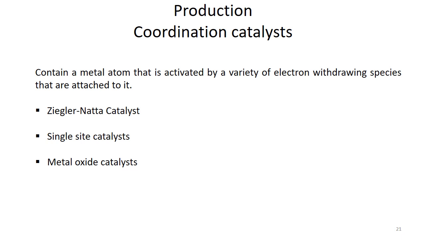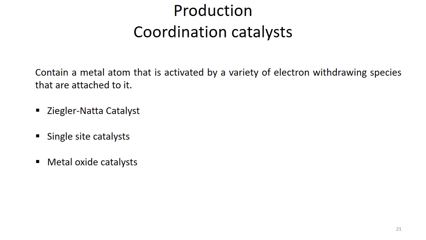There is another way by which we can make polyethylenes. Basically these are coordination catalysts. These have a metal atom that is activated by a variety of electron withdrawing species attached to it. These coordination catalysts for polyethylene fall into three main categories.